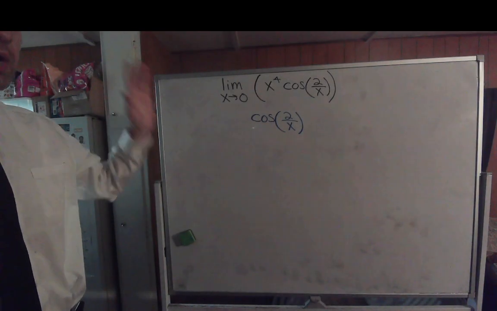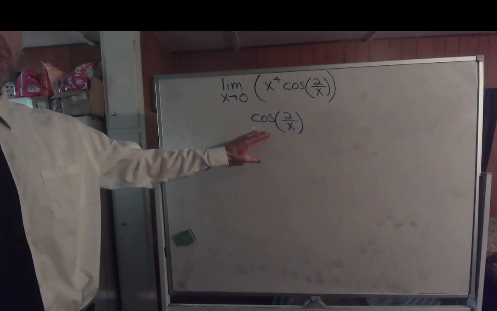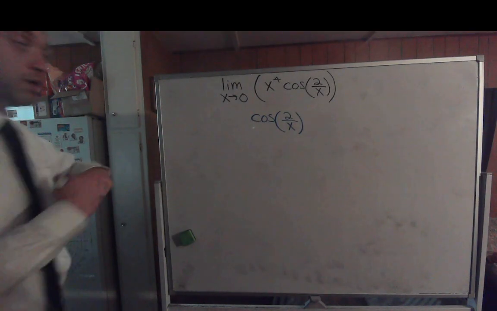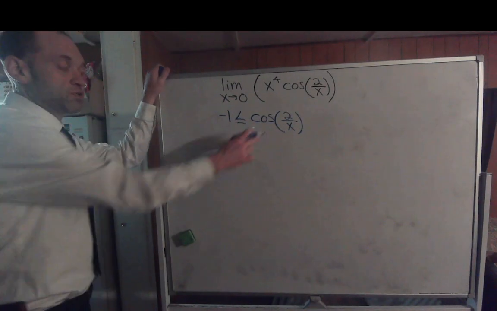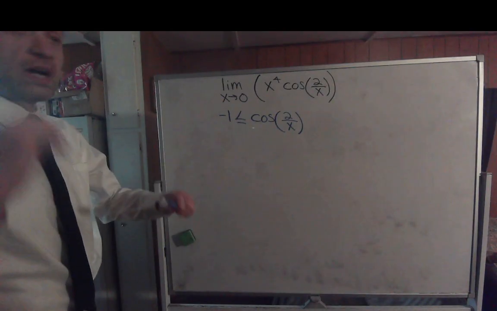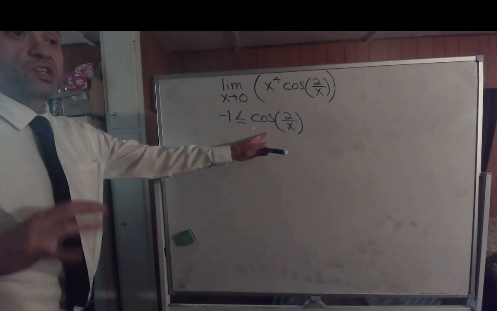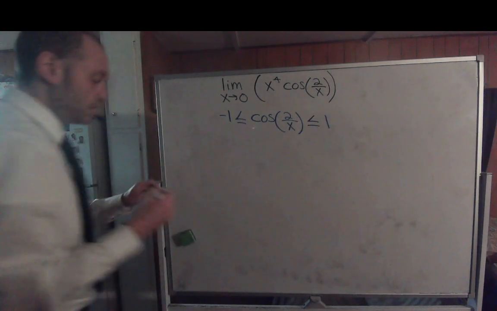So what, again, is the lowest value you could hope to get from the cosine function? That's -1, right? So -1 is going to be less than or equal to the cosine of 2 over x. And then the maximum value you could get from the cosine function is +1. So this will be less than or equal to +1.